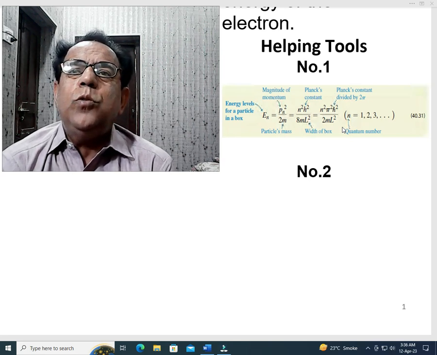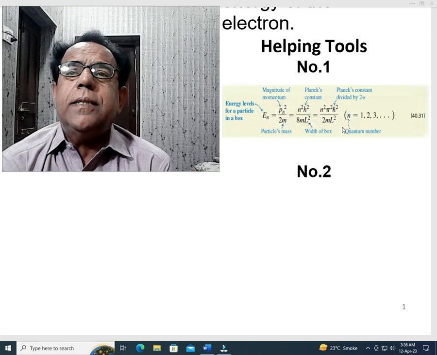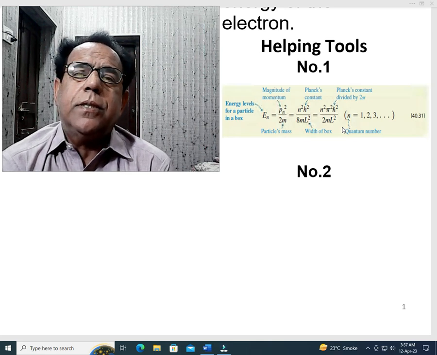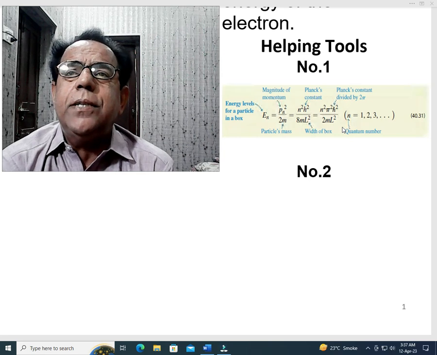Its value is given in another table which is shown in another tool. M is the particle's mass and L is the width of the box.